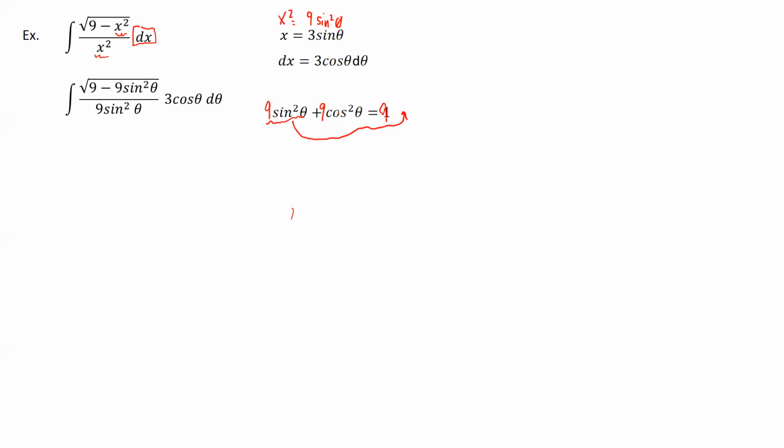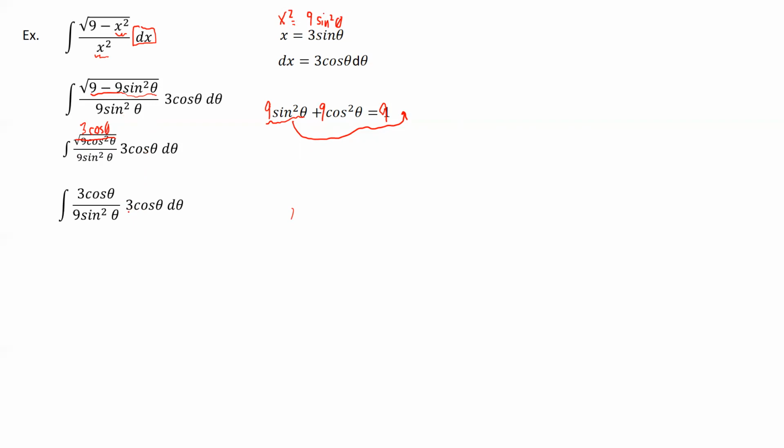That was the whole point of our substitution. We can now replace 9 minus 9 sine squared theta with 9 cos squared theta. At that point, you can take the square root. Square root of 9 is going to give us 3, and the square root of cos squared theta is going to give us cos theta. And that will get rid of that square root, which was making things really quite complicated.